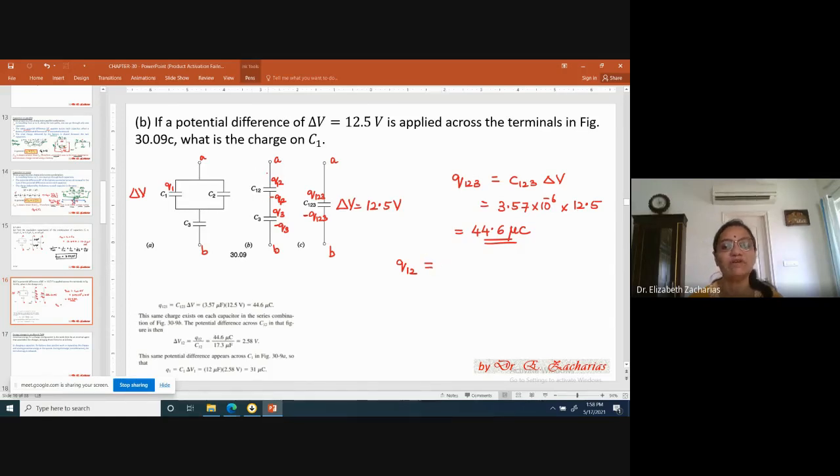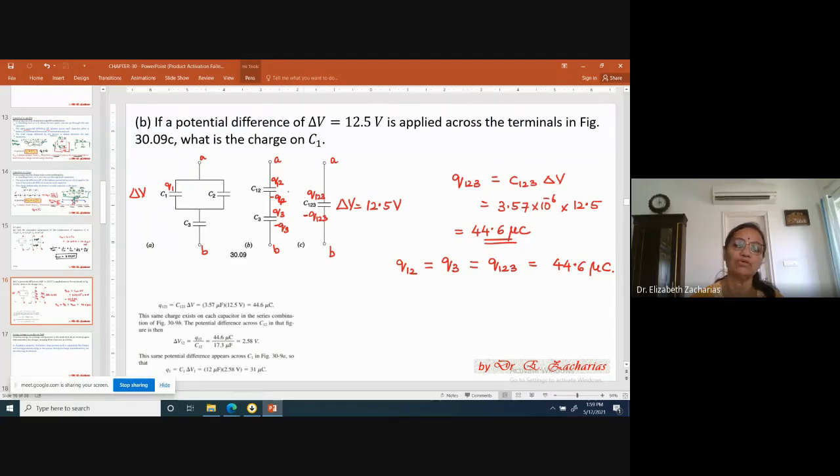What did we say when we were talking of parallel combination in series? Voltage gets divided, charge will be the same, we have seen. So Q12 will be equal to Q3 will be equal to Q123, which is equal to 44.6 microcoulomb.